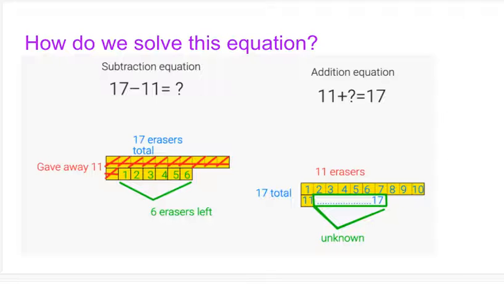So, in our picture below, we have 11 erasers, and the numbers are in blue up to 11. And then we have a green box with some dots that end in 17. That represents the unknown. We don't know how many go there, but we know we have to stop at 17.